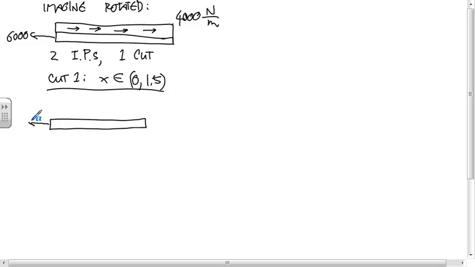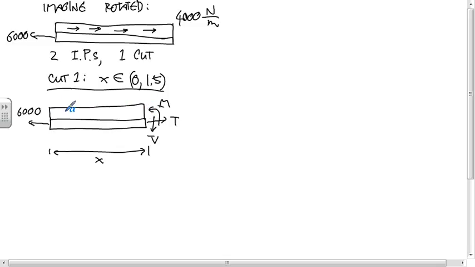We have a 6,000 Newton force here. This length is x. We have the tension, the shear force, and the bending moment, and then we have that distributed load.